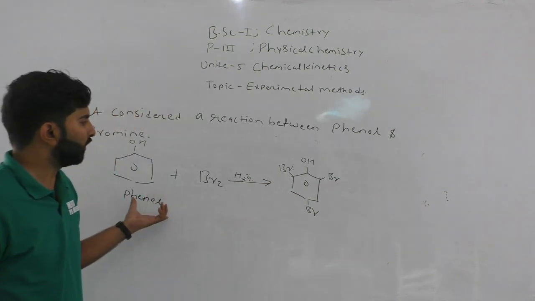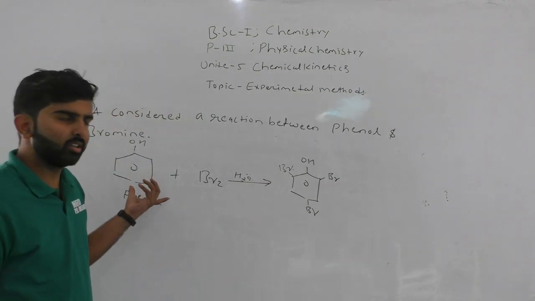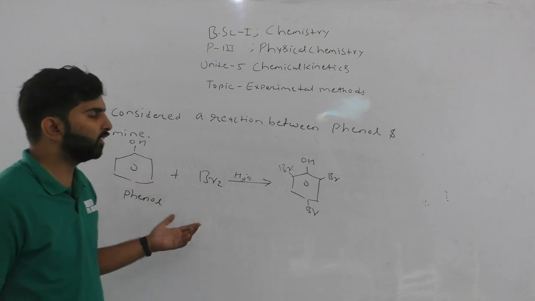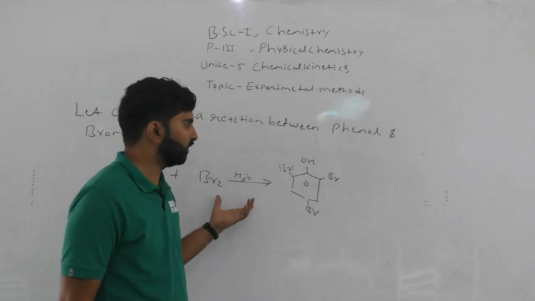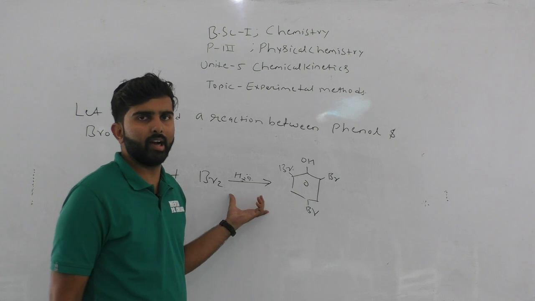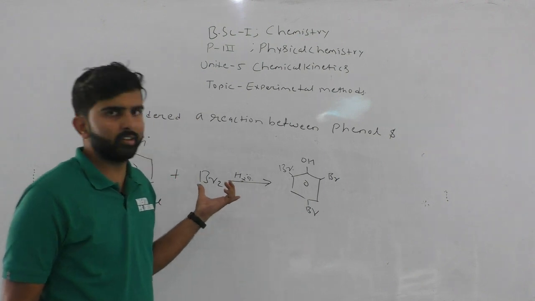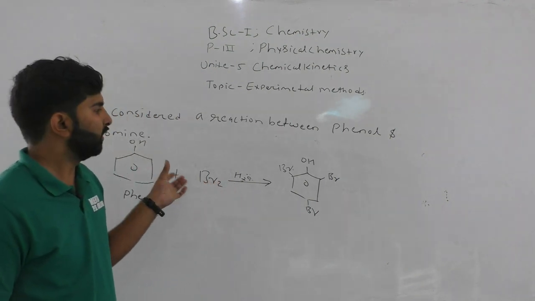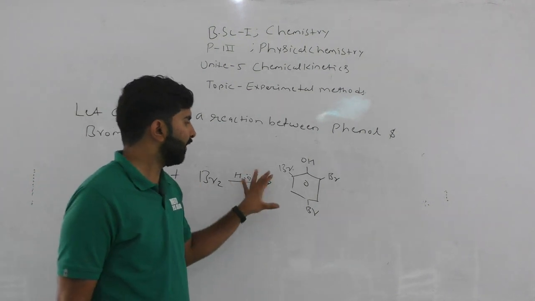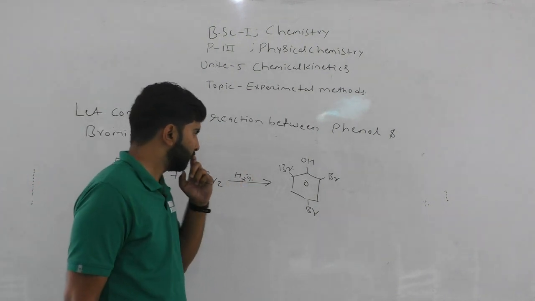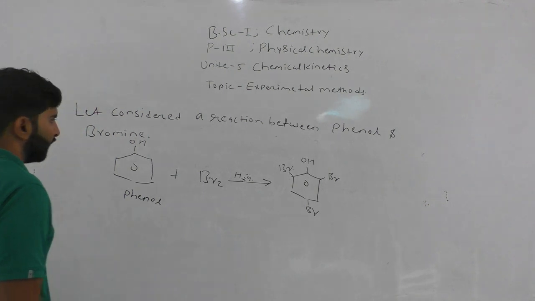Hence, the potential of the solution also decreases. We measure this potential change and then we plot the graph between potential versus time, which gives us important information about this reaction kinetics. So, now we start our method.